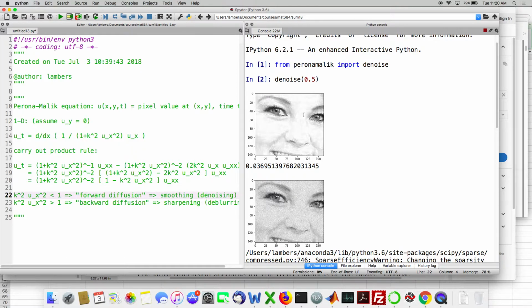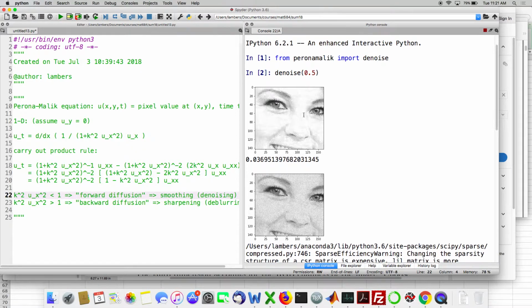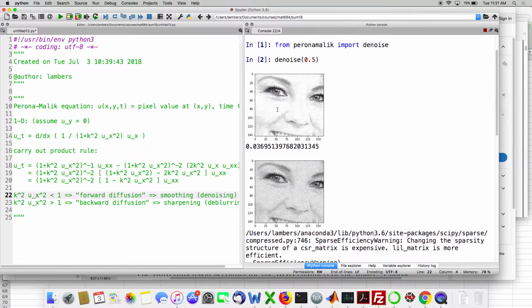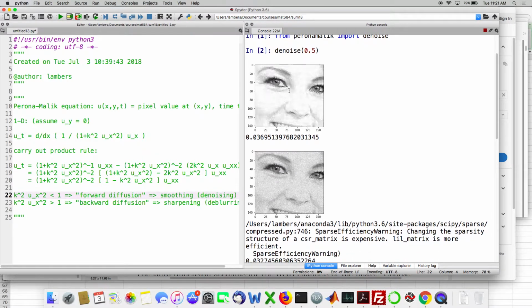Each channel is a grayscale image on its own, with pixel values between 0 and 255, 0 for black and 255 for white. All I did here was take the first channel, corresponding to red. If you look at each channel as a grayscale image, for a typical image like this one, they tend to look roughly the same. So this is the original.